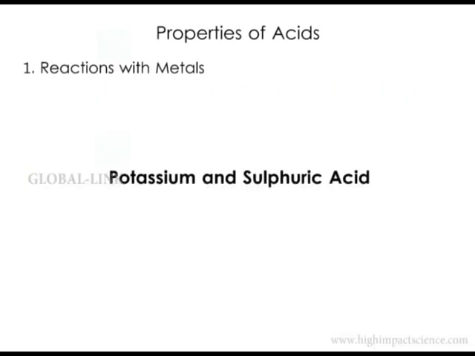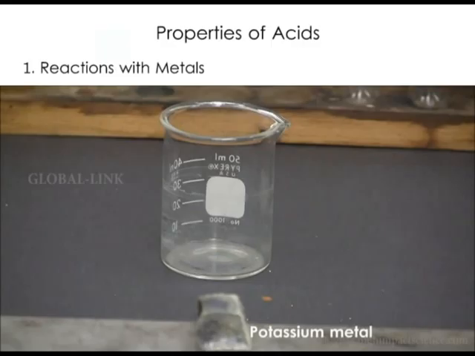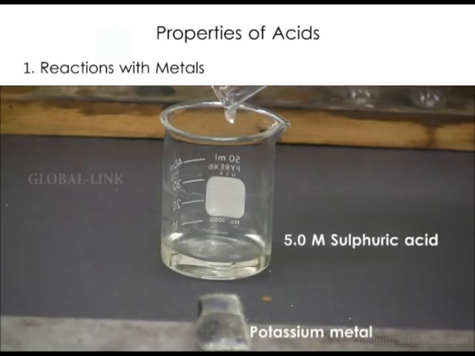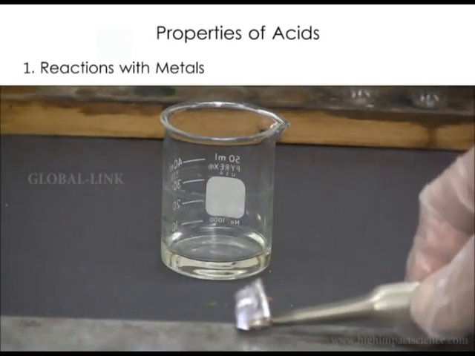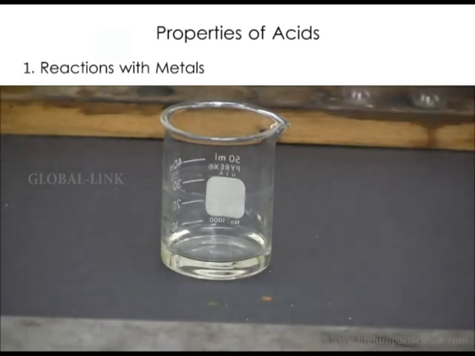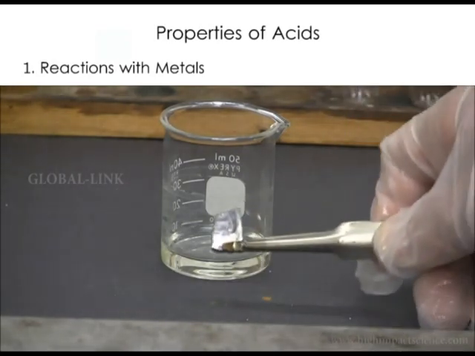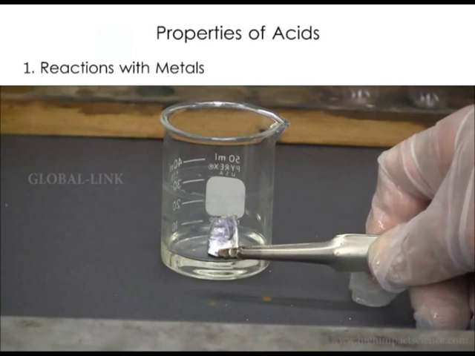How about potassium? Again, we have potassium metal on the bench, and we add 5 milliliters of dilute sulfuric acid into the beaker. And now we will carefully put the potassium metal into the acid. And you can see the metal's shiny surface is already fading due to reaction with oxygen in the air.